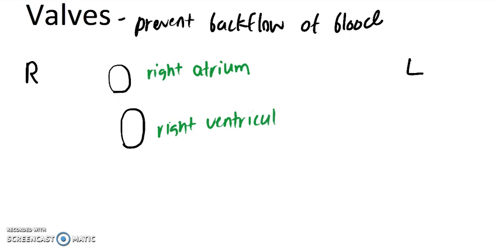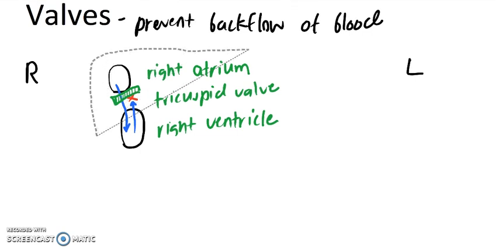Blood is normally supposed to flow in this direction, but if for whatever reason blood is trying to go up, this is no good. We need a valve to shut this opening here, and this valve we call the tricuspid valve. This closes shut to prevent backflow.